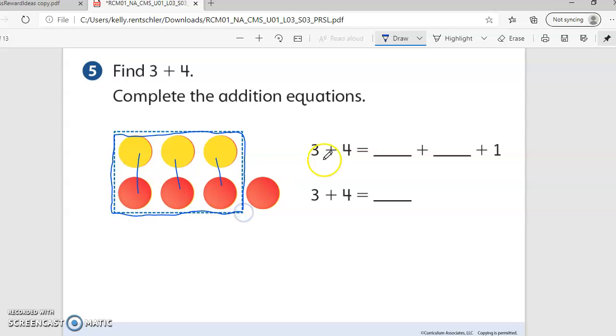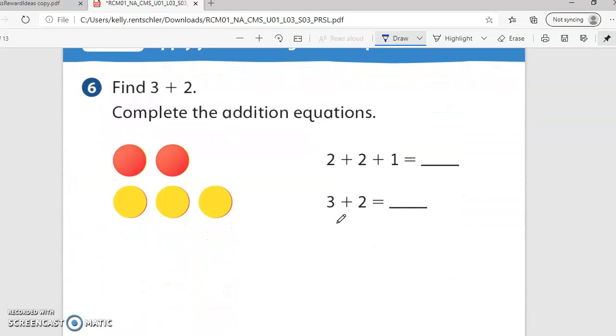The first thing that I'm adding is my 3 yellow and my 3 red, plus this 1 extra red, right? So what is 3 plus 3? It's 6. And what's 1 more? 7, right? Because it's easy to do plus 1, because it's just whatever comes after it when we count. Good job.